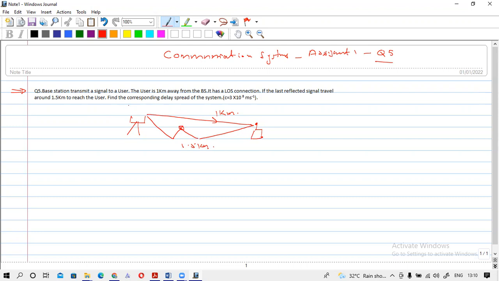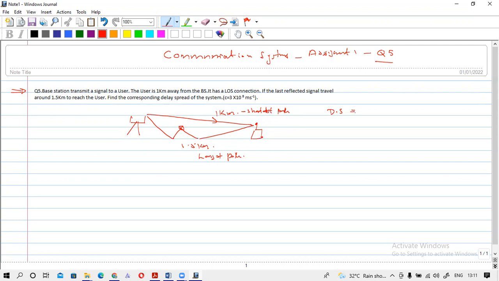So you want to find the corresponding delay spread. This is the shortest path, and this is the longest path. So delay spread, you know what is the delay spread.